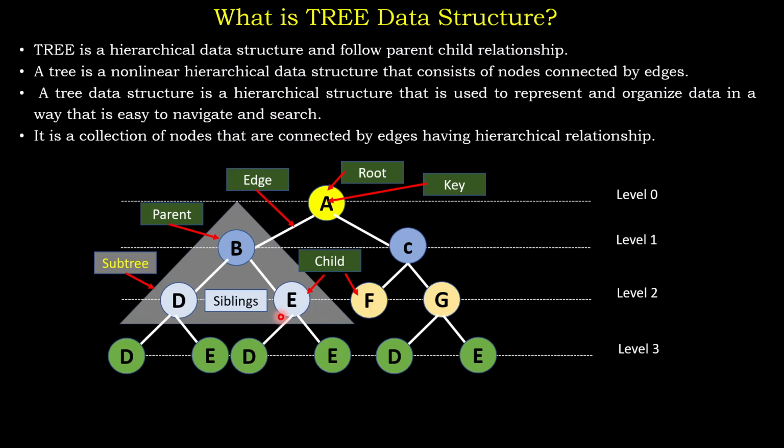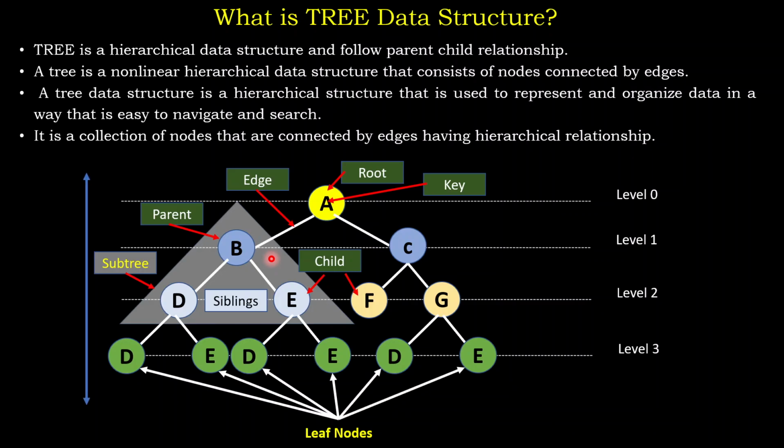When you separate all these subtrees, maybe left subtrees and right subtrees, they are called a forest if you separate them from the main tree. So here all these are the leaves. Even f has no child, so it is also a leaf.